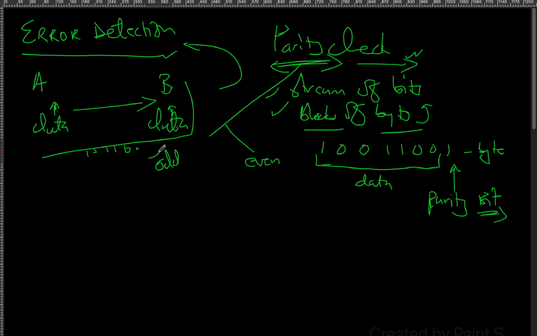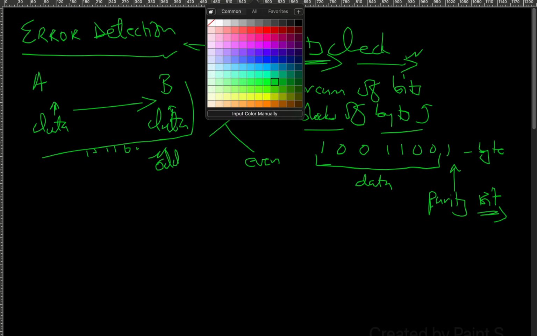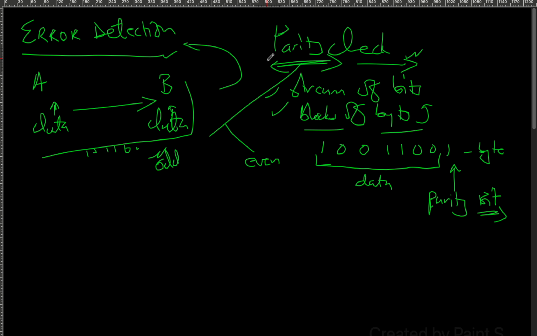When it's using odd parity, it's saying that the number of 1 bits in the byte itself is supposed to be odd.